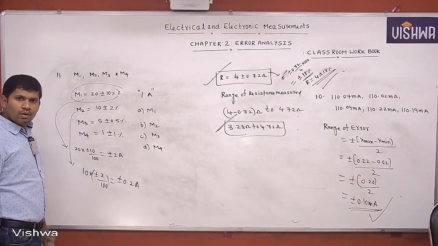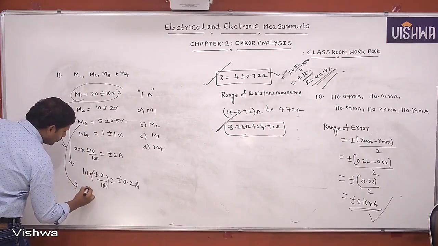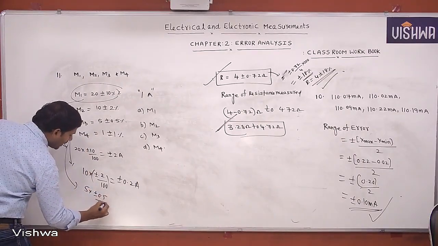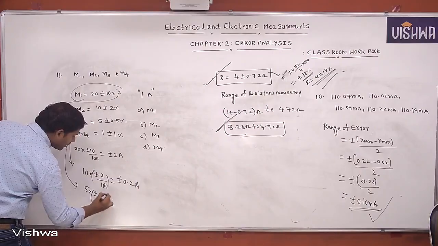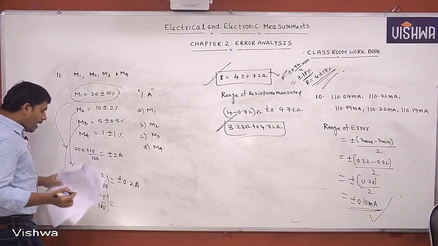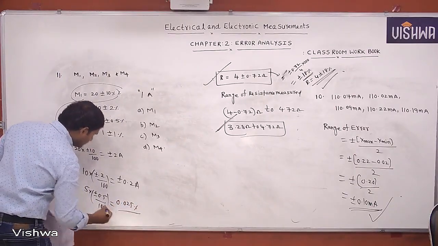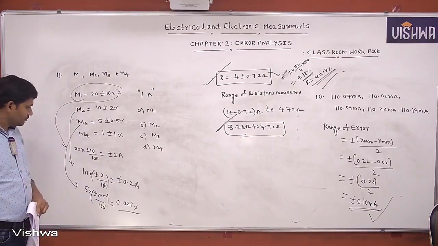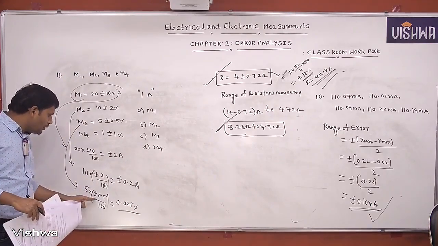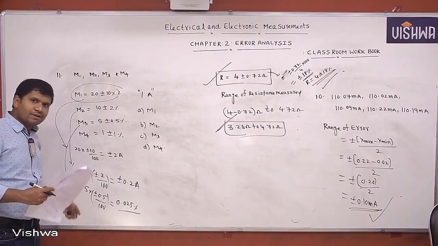What about M3? M3 is 5 into plus or minus 0.5 by 100. How much do you get? This is 2.5 by 100, that is 0.025 ampere error.